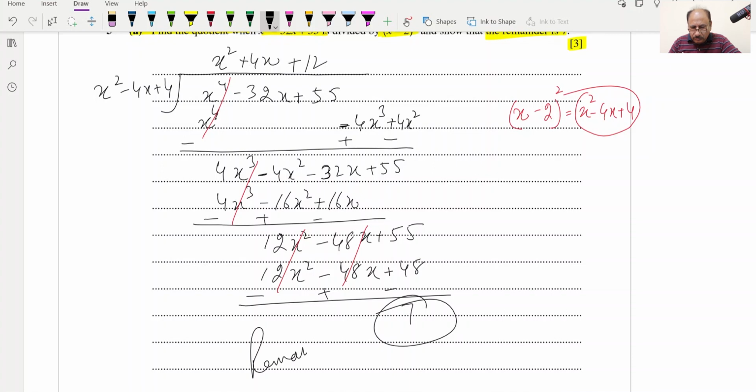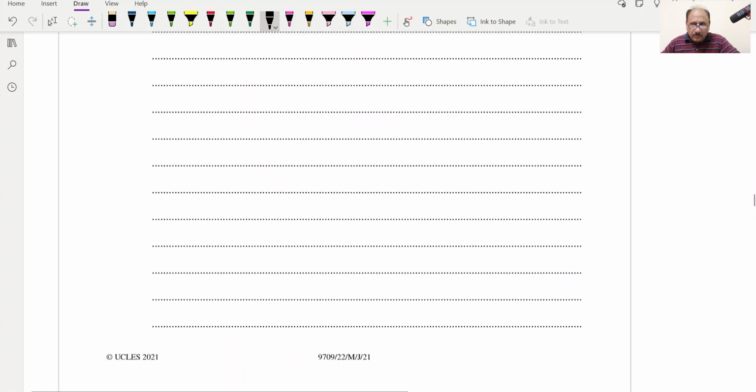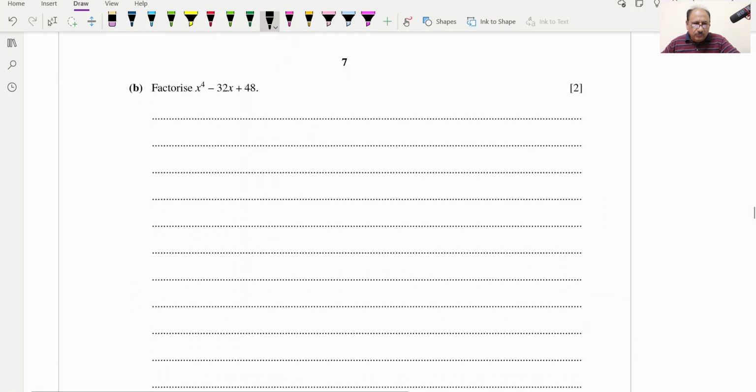The remainder is equal to 7. We are done with this 3 marks part.